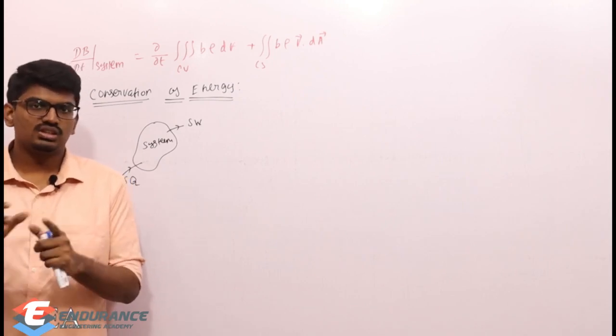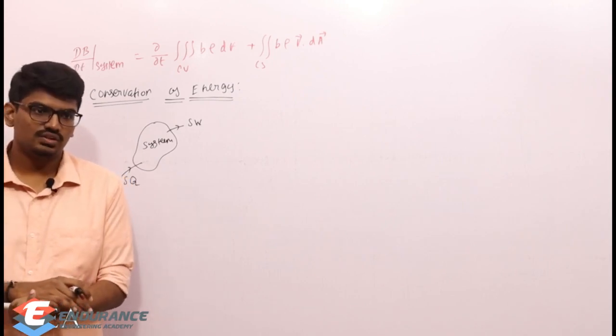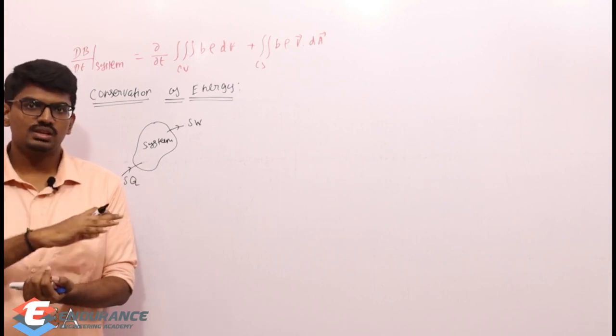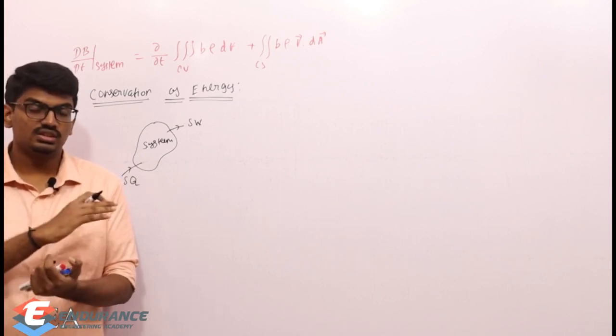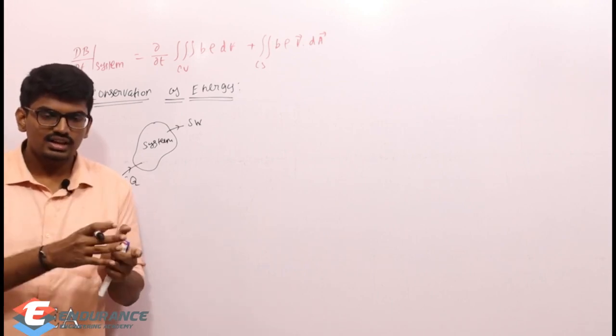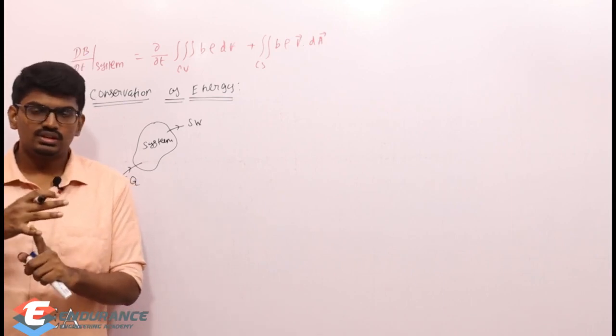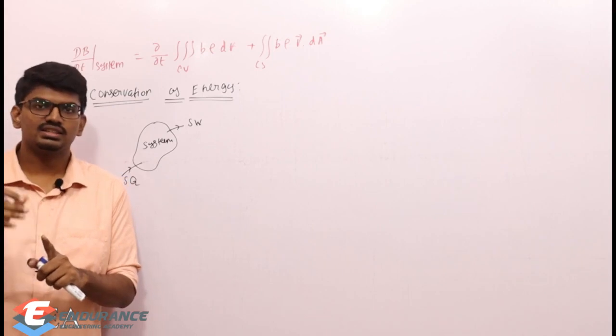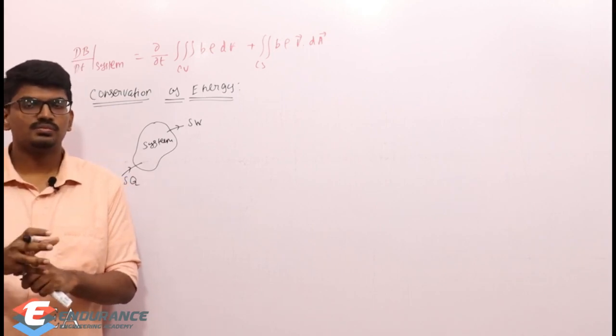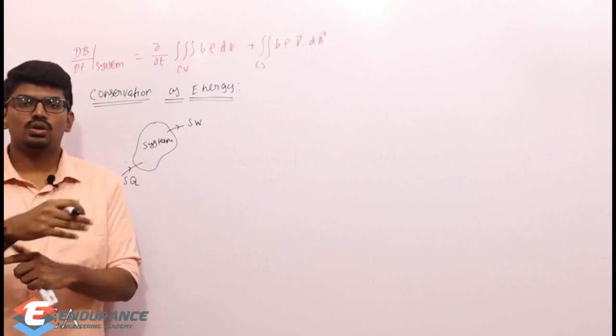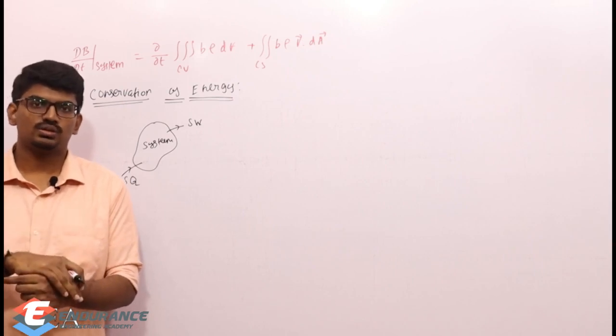We already discussed this in our thermodynamics videos. Generally we will keep it as energy. That energy has different components, like internal energy due to intermolecular activities, kinetic energy, potential energy, and if it is entering the control volume, there will be flow energy or flow work also.